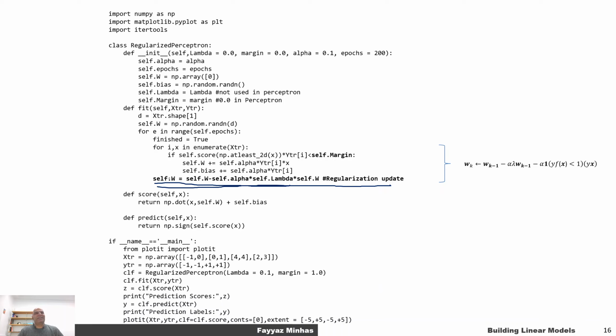The only difference in the code is the introduction of this line, and that line essentially reduces the value of the weights while it's training. If you continue for a number of epochs, it's going to perform what is called a regularization update. So the mathematical equation that we developed gets translated into a single line. All that mathematics into a single line of code.